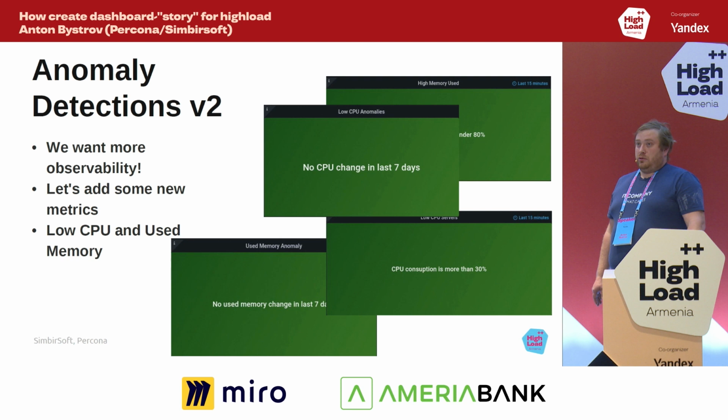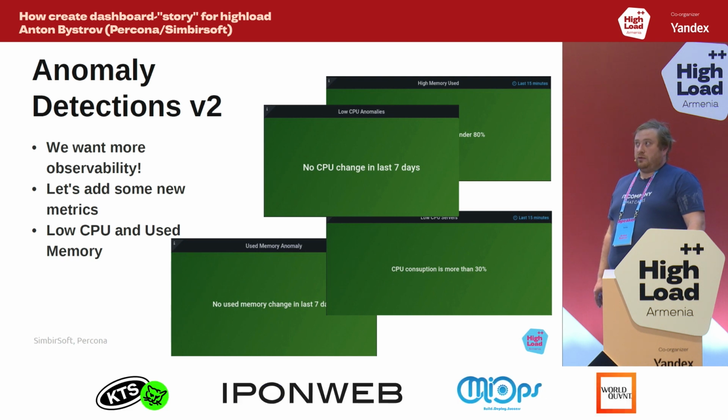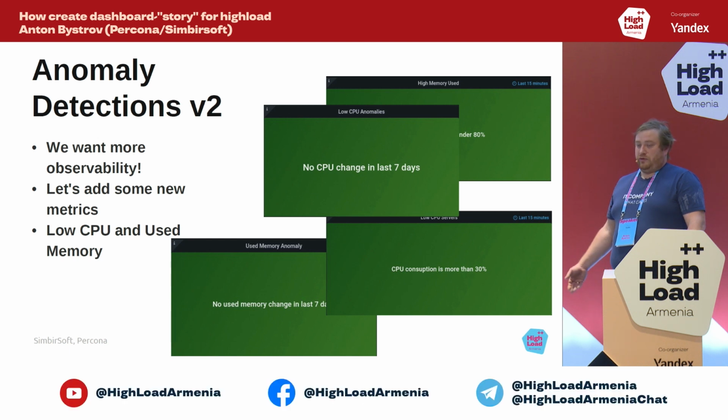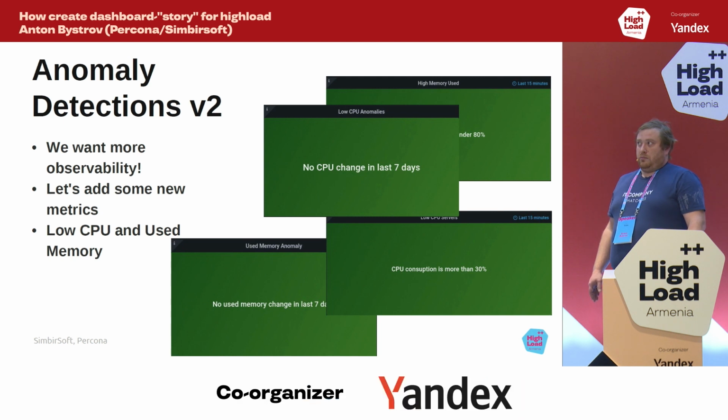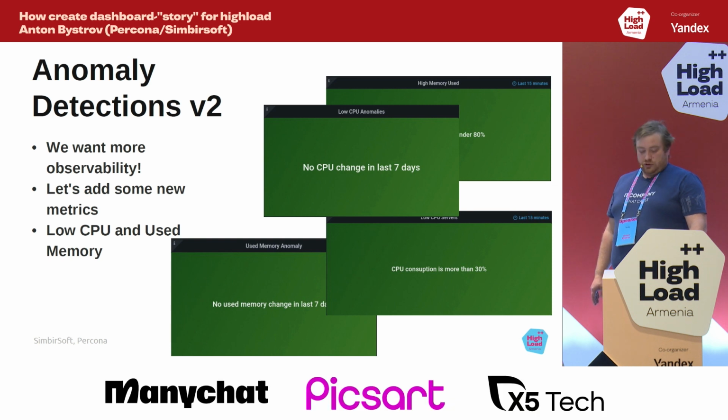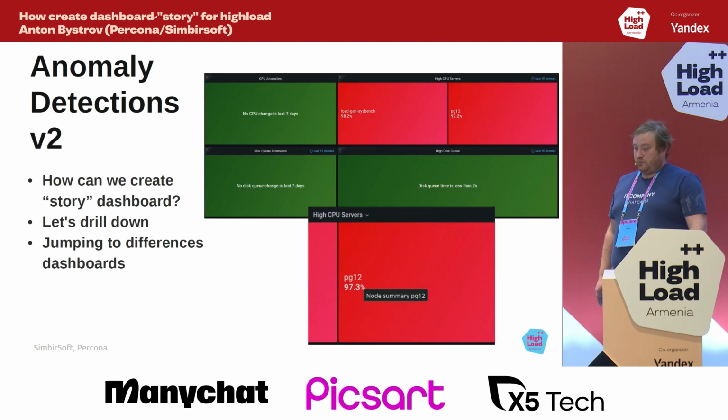Sometimes in your environment you can have nodes which have a very low load, and maybe you can kill them to avoid paying more money in the cloud. And here, when CPU is about 30%, we catch an alert, and here you can see these nodes, and you can check what happened.